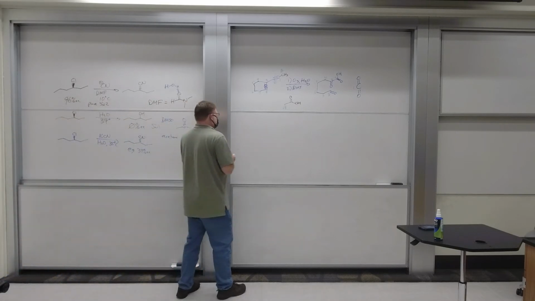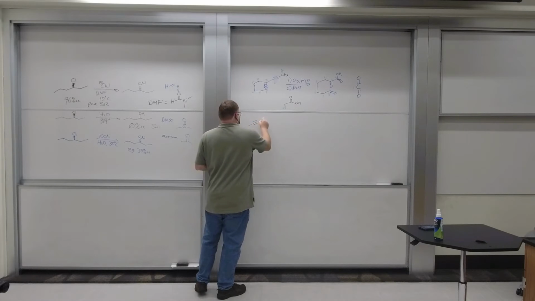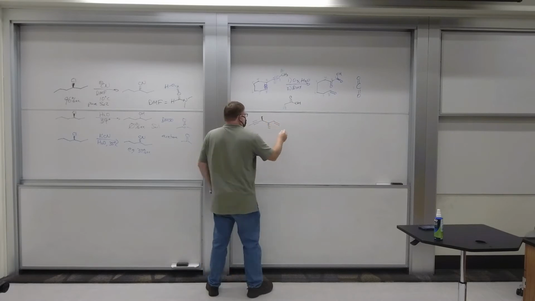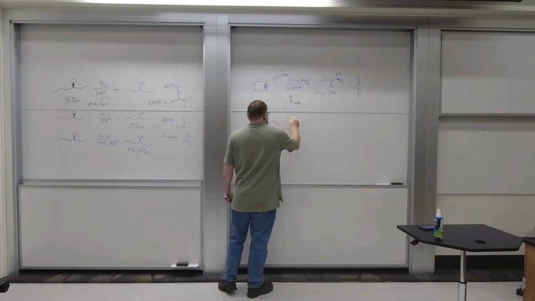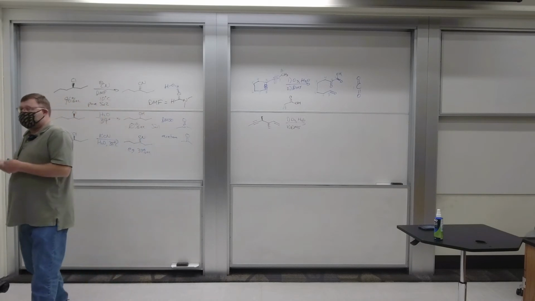So this is one of last year's exams. I'm not sure I'm going to get it exactly right, but I'll get the... So this is also an ozone question. So you have an alkene and an alkyne.